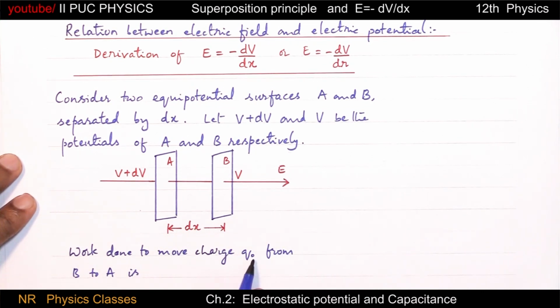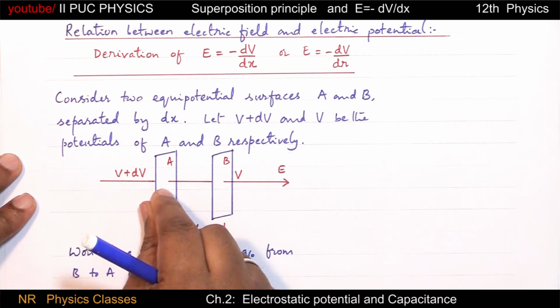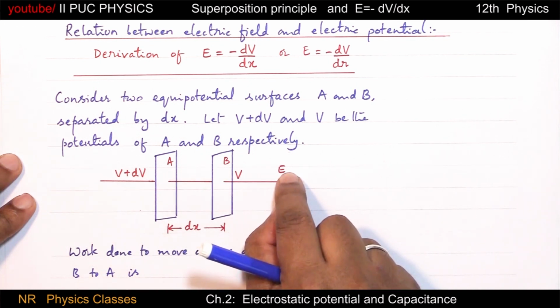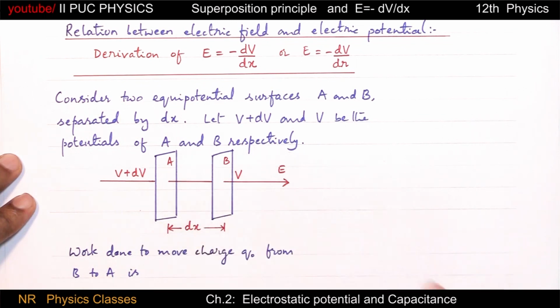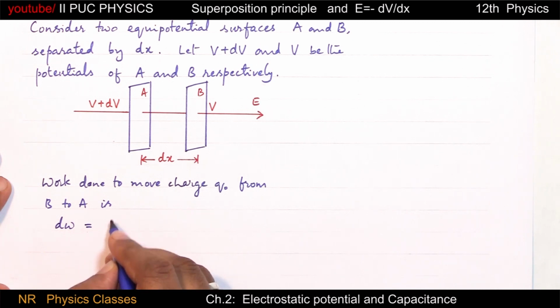Work done to move charge Q0 from B to A, means we are moving the charge from B to A. Since the charge is moved against the electric field, work is done by an external force. Work done equals potential difference times Q0.